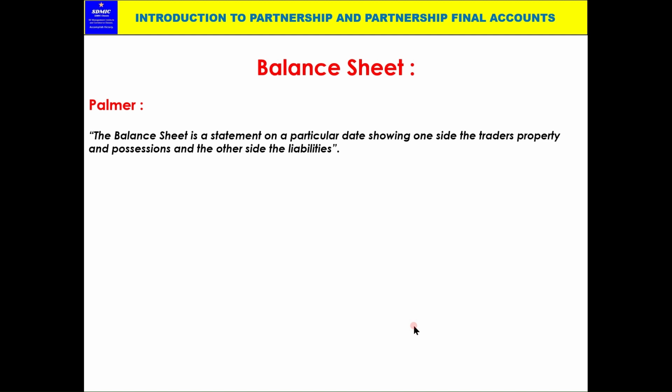Balance sheet means it is a balance. All the assets of the business are balanced with the liabilities. Liabilities include the proprietor's capital or the partners' capital and the other outside liabilities.